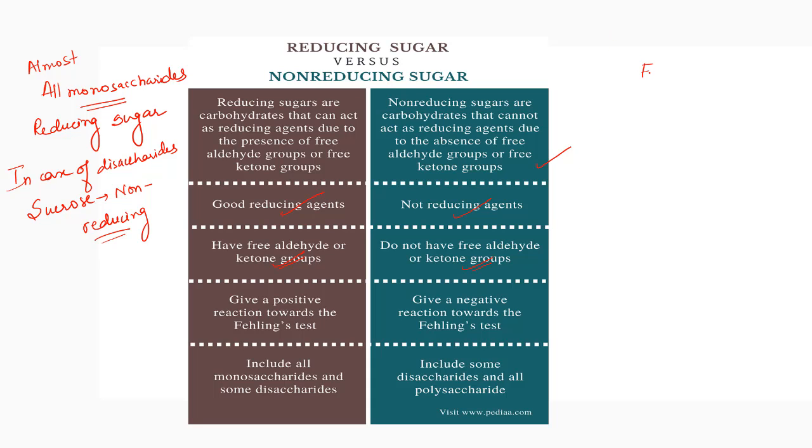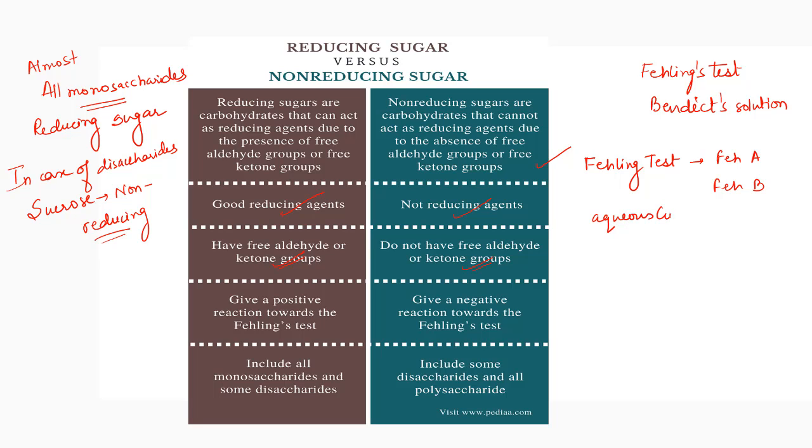By certain tests like Fehling's test and Benedict's solution. The Fehling test includes Fehling A and Fehling B. In Fehling A and Fehling B, we have a mixture of aqueous copper sulfate and Rochelle salt.